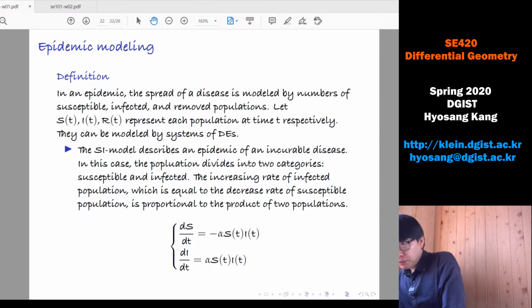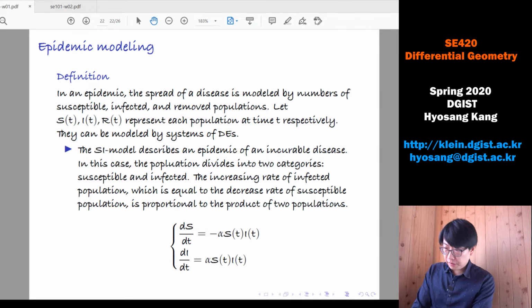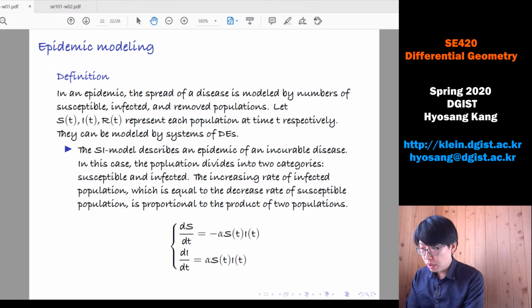So the next one is the epidemic model. This is an example of a system of differential equations. So it consists of two or more differential equations, and each equation consists of several functions in terms of t.